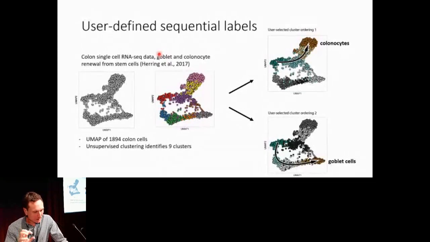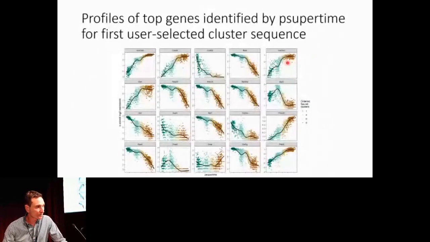And by performing unsupervised clustering and also, I mean, looking up the underlying study, we could go ahead and define sequences of clusters that correspond to different branches of this differentiation process into these terminally differentiated cells. And for each of these branches, now you can perform psupertime analysis in order to figure out which genes are correlated with the evolution along these ordered clusters.